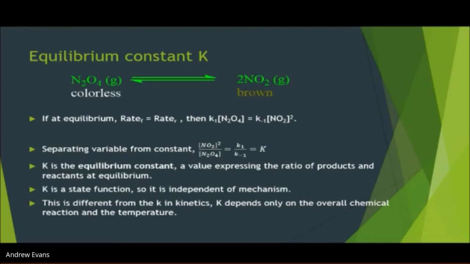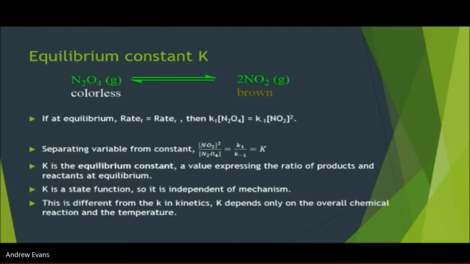So speed, or kinetics, was highly dependent on the mechanism. This mechanism versus that mechanism meant this went faster, this went slower. We looked at how the rate law was entirely dependent on the mechanism.